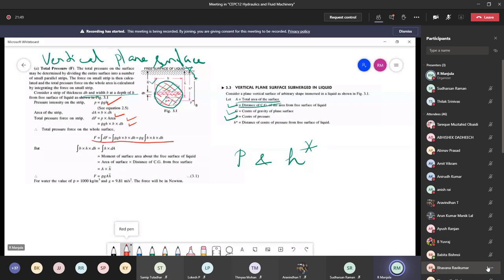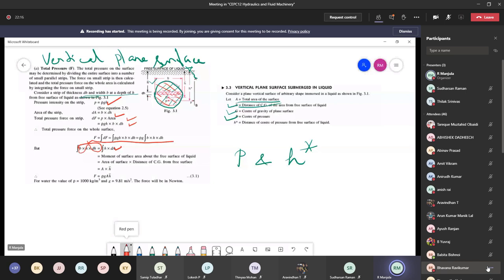Here b into dh is nothing but dA, so replacing b into dh by dA, we get the integration of h into dA. What is this integration of h into dA? This is the moment of surface area about the free surface.